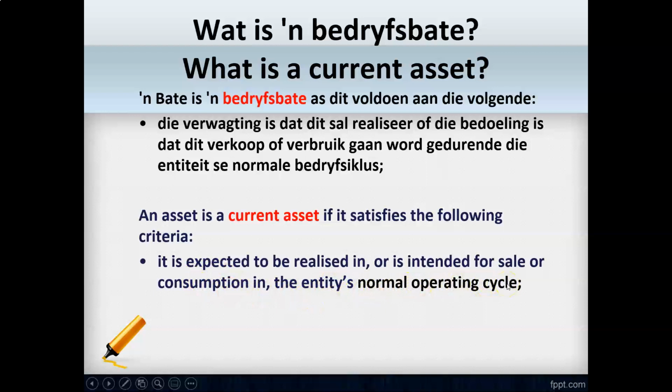Now, what is a normal operating cycle? Guys, normally a normal operating cycle should be less than 12 months. Now, there are entities whose normal operating cycle is longer than 12 months. Just think about a big construction business.